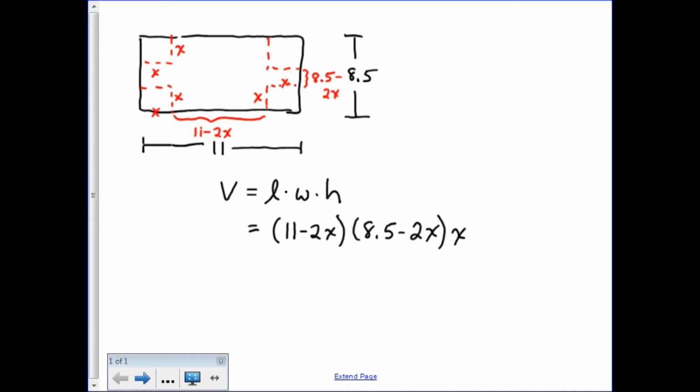So what we have here is an equation, and we could multiply the binomials together, then distribute the x. When you do that, you come up with the equation 4x cubed minus 39x squared plus 93.5x.